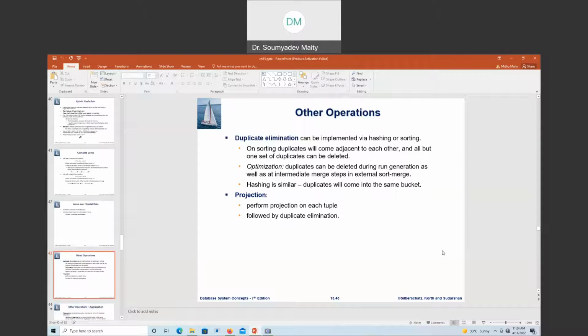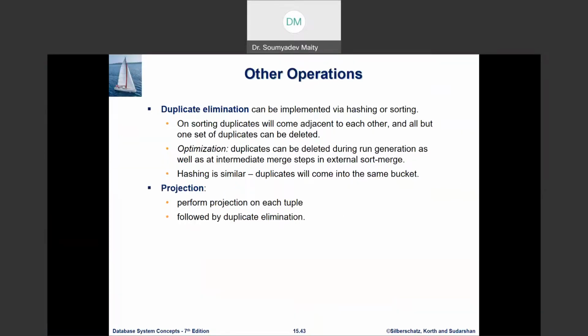Now let us have a look briefly on how the other operations can be implemented using those basic operations. Like for example, duplicate elimination is a very much demanding operation in database queries, specifically in projection operations and in many other operations also.